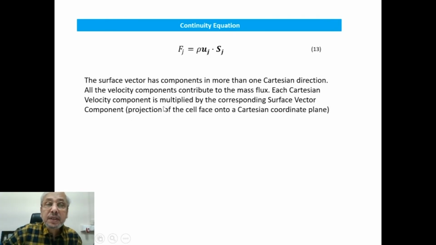Each surface vector will have components in 3 Cartesian directions, and we have 3 Cartesian velocity components. That is why each Cartesian velocity component is multiplied by the corresponding surface vector component, the projection of the cell face onto Cartesian coordinate planes, and in this way we evaluate Fj equal to rho uj dot Sj.